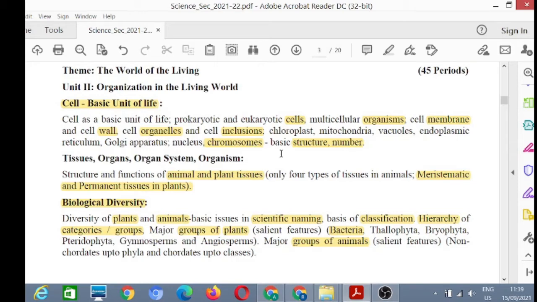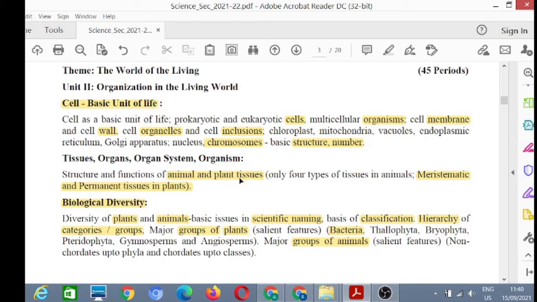Now the next topic is tissues. The cell was a basic unit. Tissues are formed with the help of cells. So tissues, then organs, then organ systems and organisms. These four topics have been covered here.